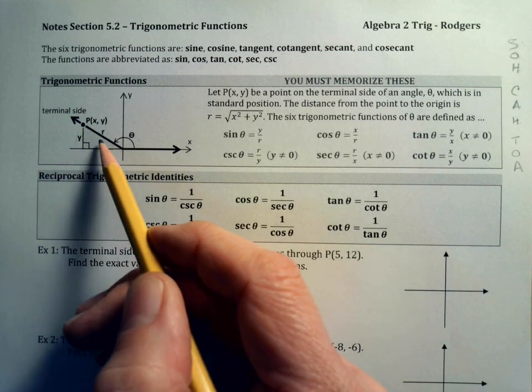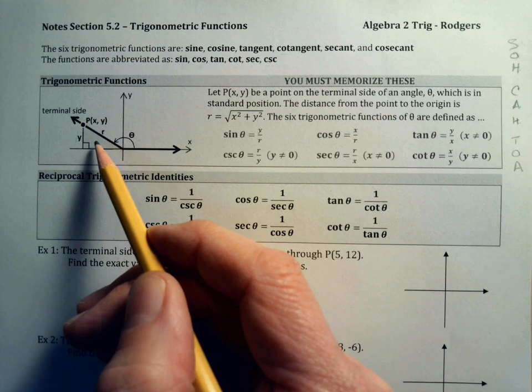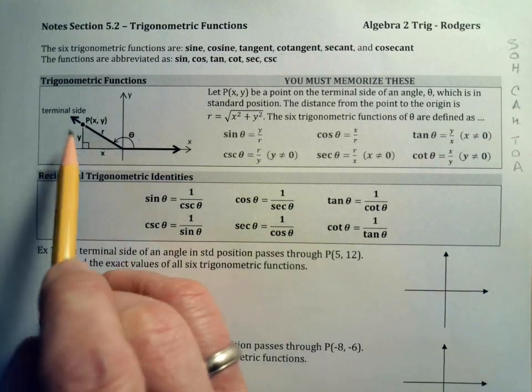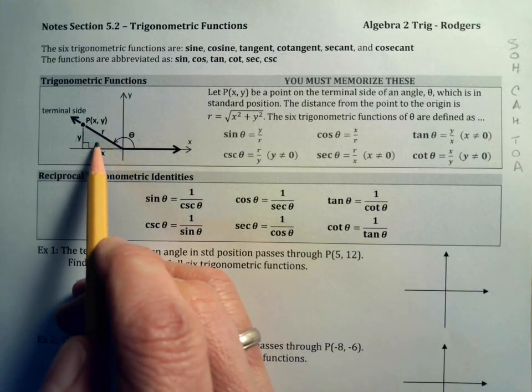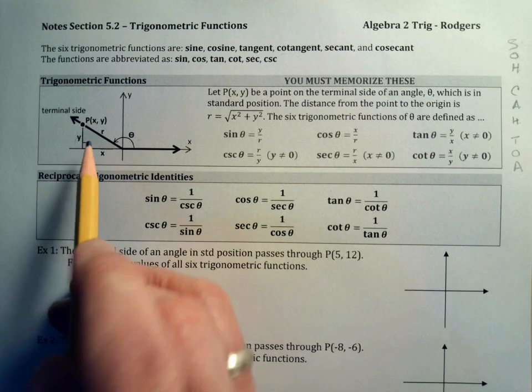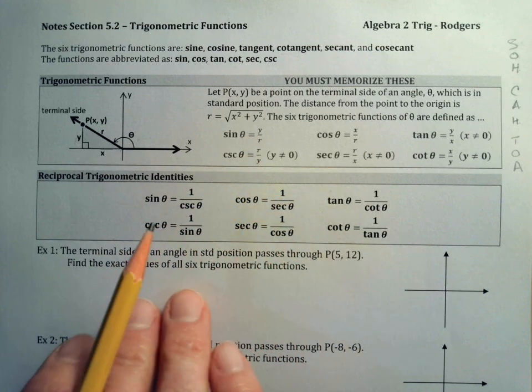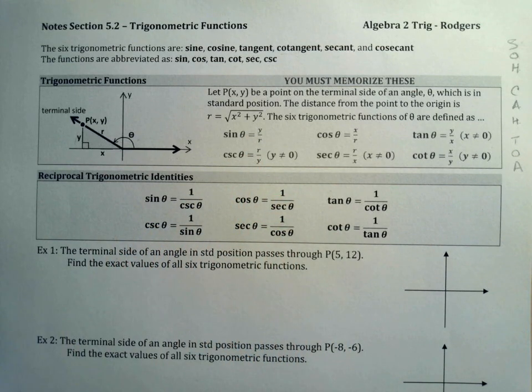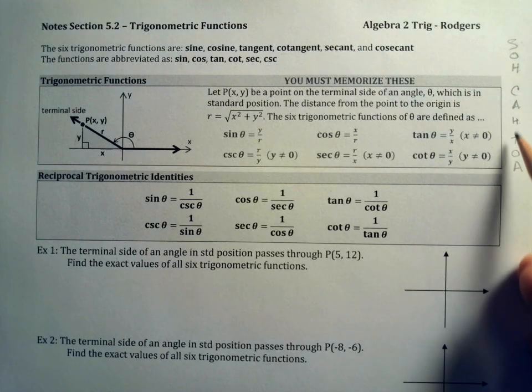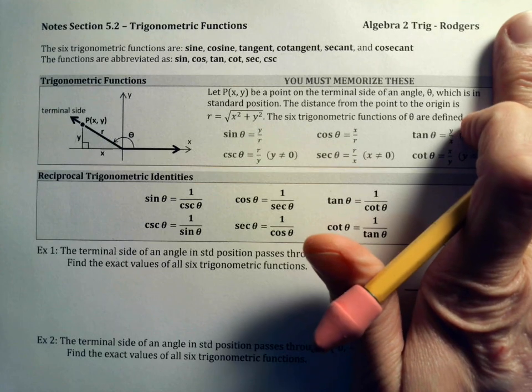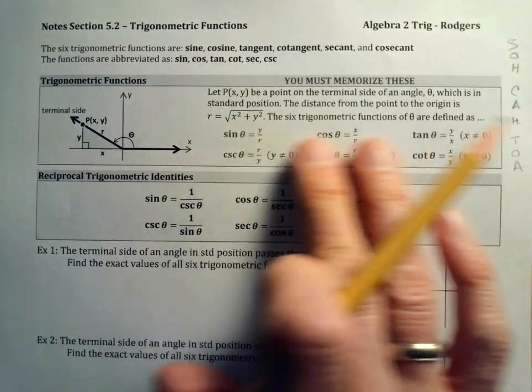So we can create a right triangle like you did with SOHCAHTOA, but sometimes SOHCAHTOA is going to fail here. So we have to get away from SOHCAHTOA while we're dealing with these. When we get back into word problems in later sections, we'll go back and use SOHCAHTOA. But for now, forget about SOHCAHTOA, and you've got to memorize this stuff here.